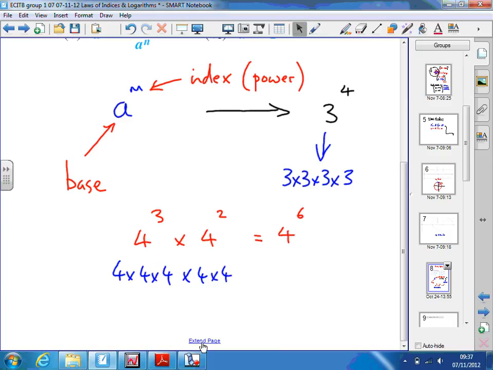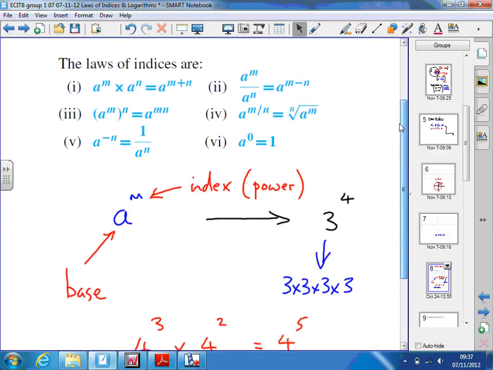So if the base is the same, and this is the key thing, so long as the base number is the 4, then what do I do when I'm multiplying numbers? I add the powers. 3 plus 2 is 5.